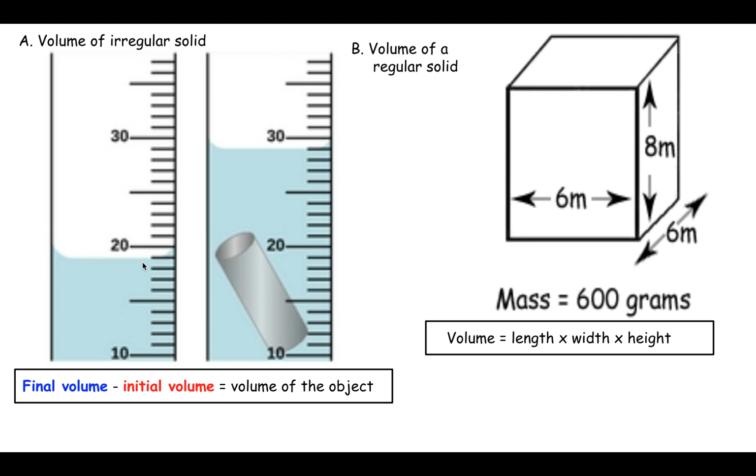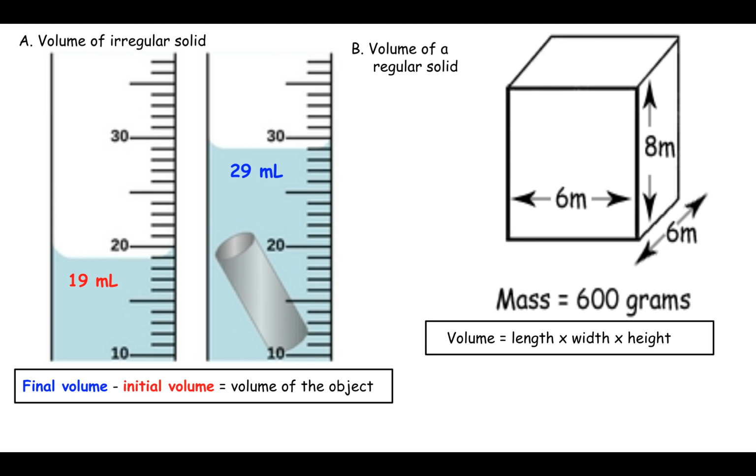If we start with the initial volume in red, that's 19 milliliters in the first one. Then we put that silver object in, and our final volume is 29 milliliters. So it increased by however many milliliters when the object was put in.